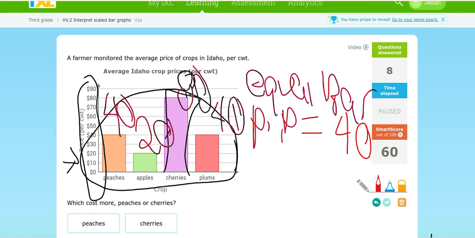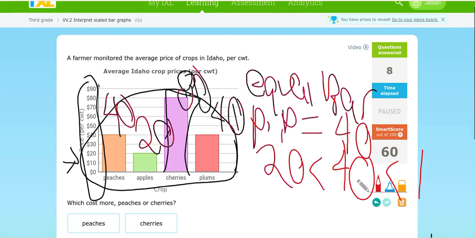So now we're gonna compare them all. First we're gonna start with 20. It's less than 40, so 40 is gonna be greater. And the other 40 that goes with the plums is gonna be greater as well.